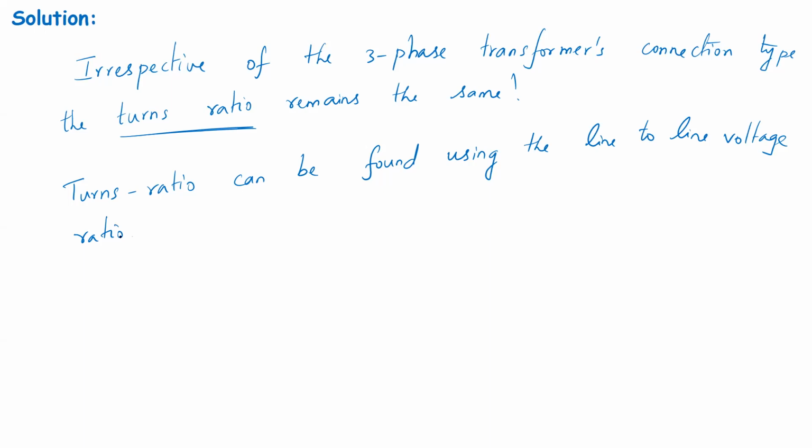This makes life very, very convenient. Okay? And because the transformer's turns ratio remains the same irrespective of the connection type, when we transfer an impedance from one side to another side, the impedance transformation will remain the same.